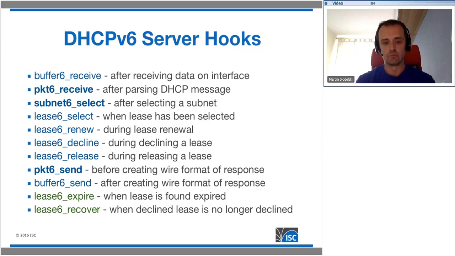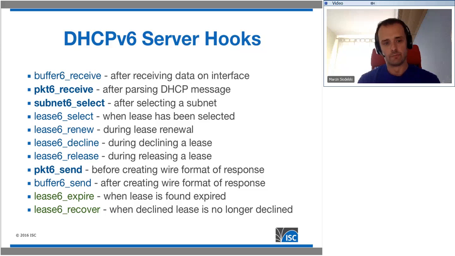Whereas the green ones are those that are not really related to packet processing. They can be invoked asynchronously. In this particular case, lease6_expire, for example, is executed when the server detects that a particular lease in the database has expired.